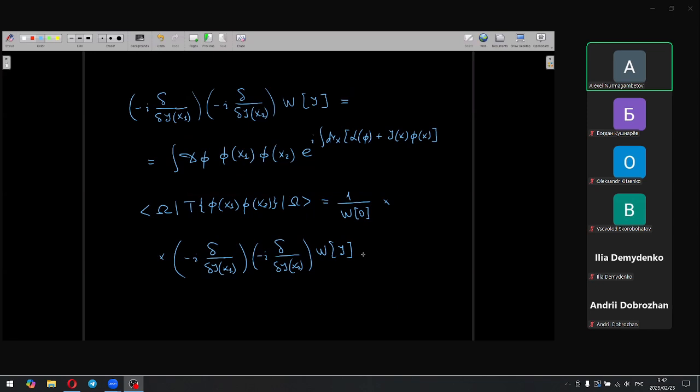But at the end of our computations, to get the two-point correlator, we have to set sources equal to 0. And it is more or less clear that this result can be quite easily generalized to arbitrary correlation functions.